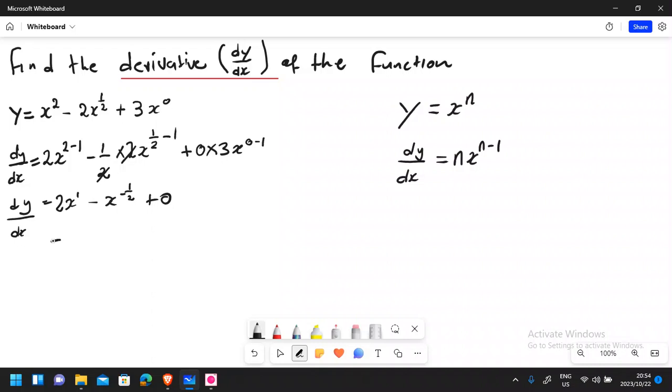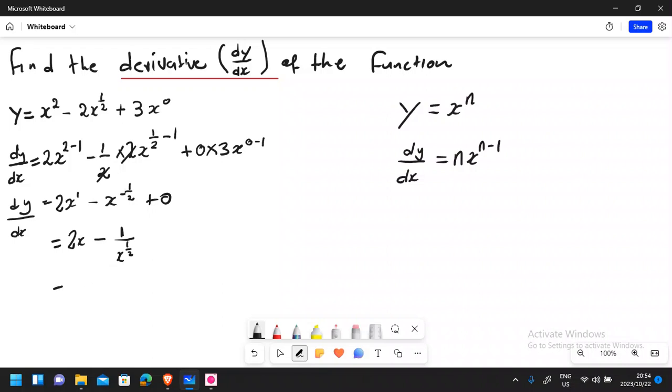So from here this is going to give us 2x, and then this is going to be minus. Remember, we need to change this into surd form. So when you change it to surd form, you divide by x to the power of 1 over 2. The exponent of that x becomes positive, they change the sign, then we leave that one like that.